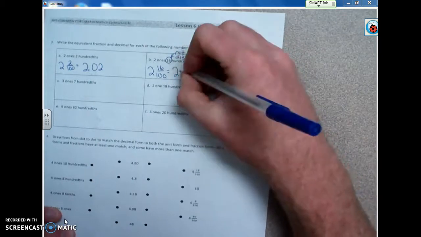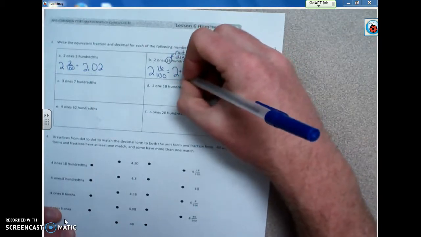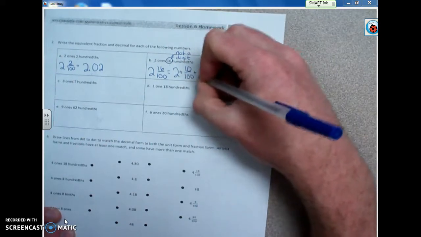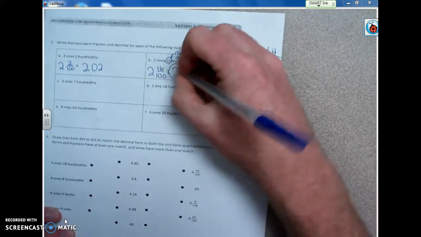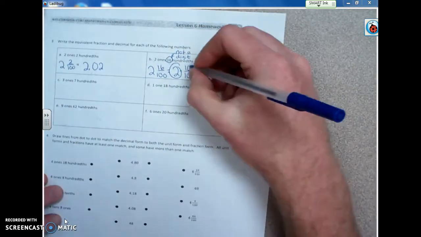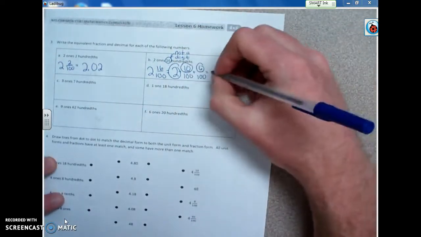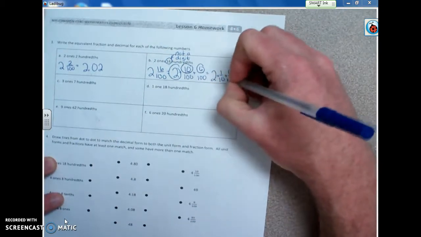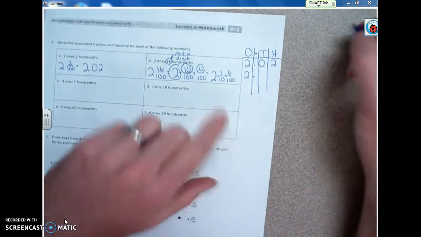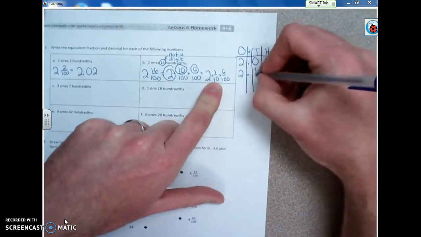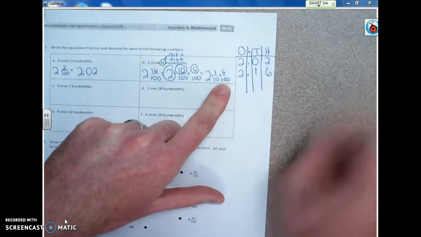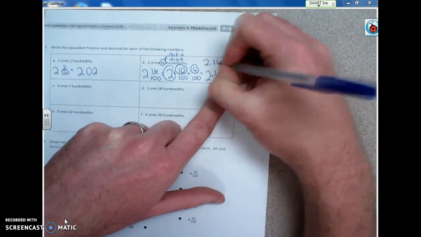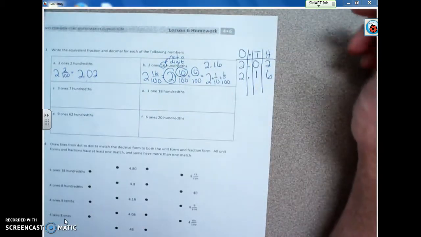I'm going to expand it into 2 plus 10 hundredths plus 6 hundredths. So now my 6 and my 2, those are both digits. And I can fix my 10. This is 2 plus 1 tenth plus 6 hundredths. So now I can plug this into my place value chart. I have 1 tenth and I have 6 hundredths. So my decimal becomes 2 and 16 hundredths.